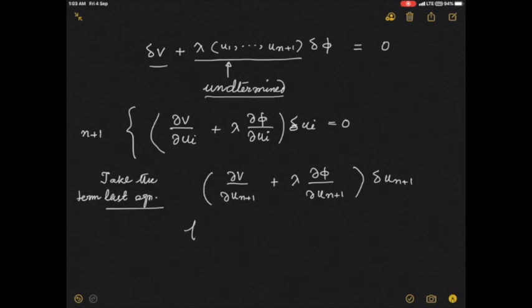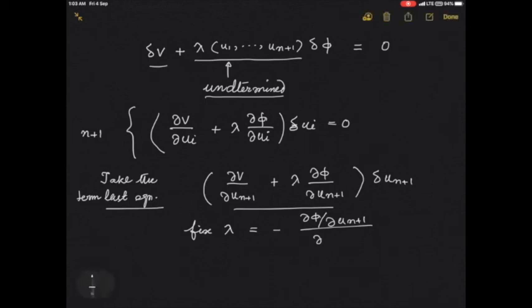So I fix lambda by setting this equal to 0. So lambda becomes minus del v del un plus 1 by del phi del un plus 1.